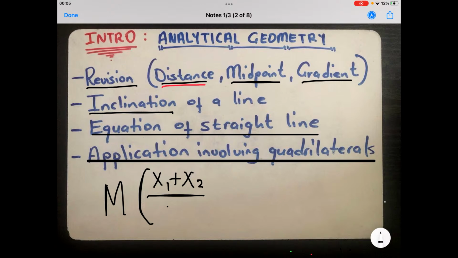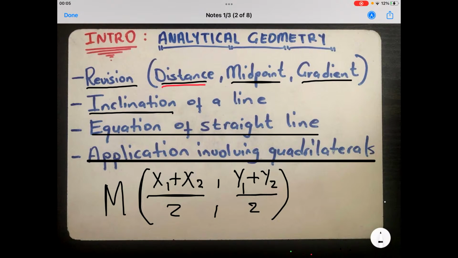You do the same for the y values: y1 plus y2, and the whole of that you divide by 2. That's how you calculate the midpoint.